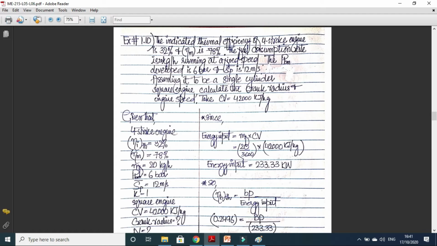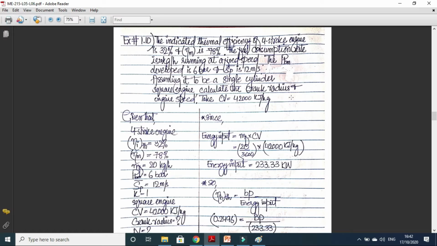You need to divide it by 3600 to bring it into kilogram per second at a fixed speed. The brake mean effective pressure is 6 bar and mean piston speed is 12 meter per second. Assuming it to be a single cylinder, that is K is equal to 1, square engine. Square engine means L is equal to D.